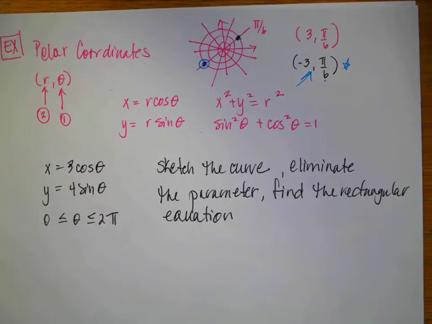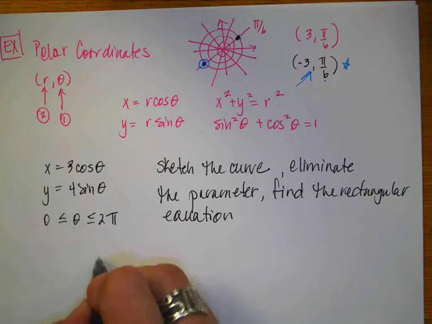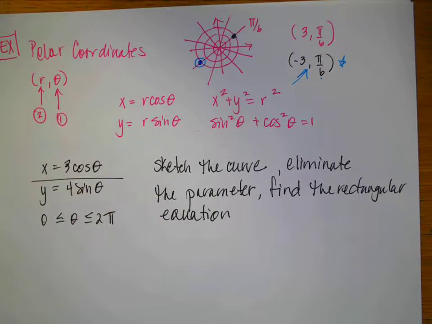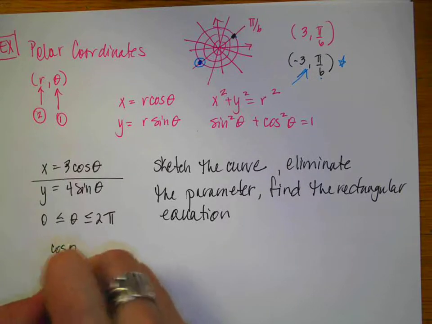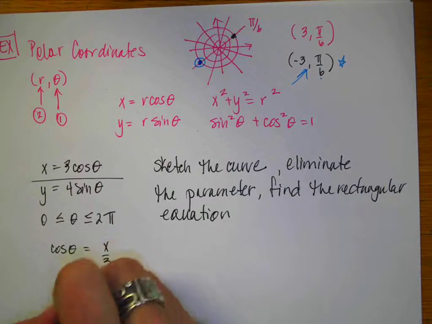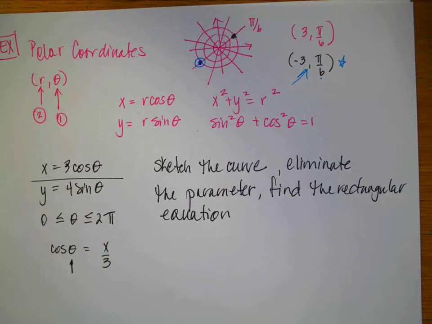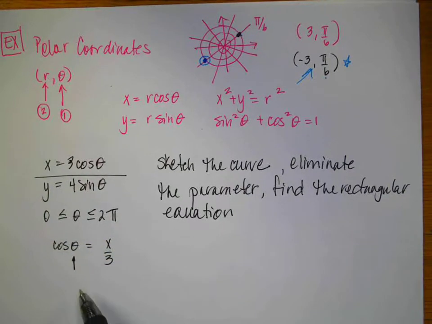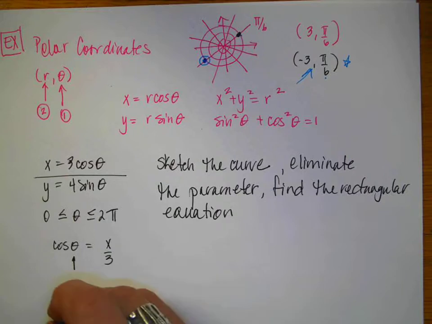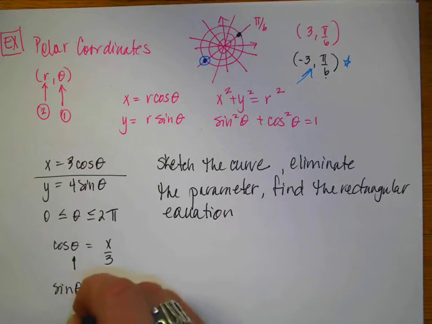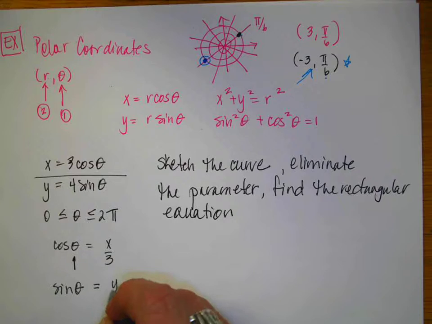Alrighty, so let's go ahead and convert and eliminate our parameter. So if I start with my equation here and I solve for cosine theta, I'm going to say the cosine of theta is x over 3 because in this one, theta is your parameter. So that's the guy that I need to eliminate. And then I'm going to have the sine of theta is y over 4.